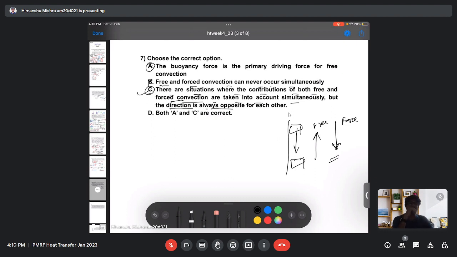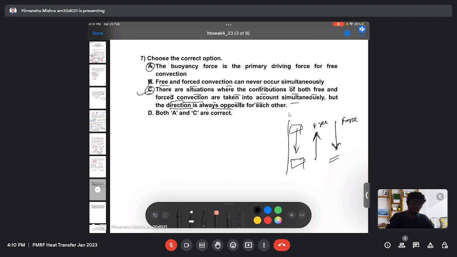No, sir. This free convection means our fluid will be rising from the surface towards upside, or it will be coming down. So it will be rising from the surface, and the direction of the heat transfer will be along that, right? Yeah, for the free.